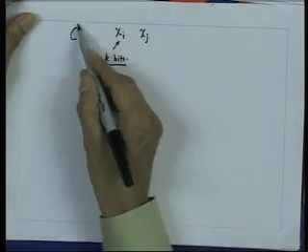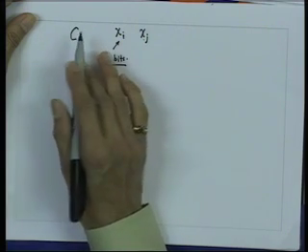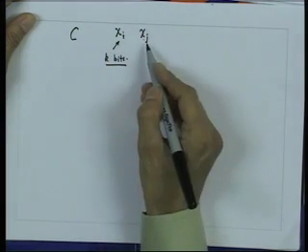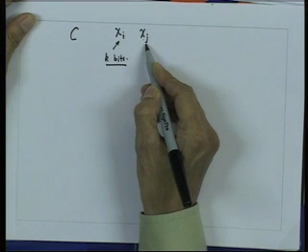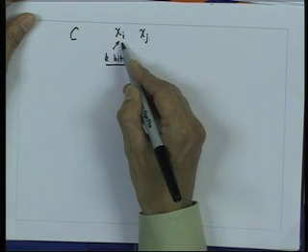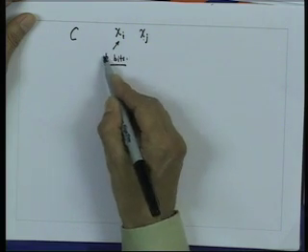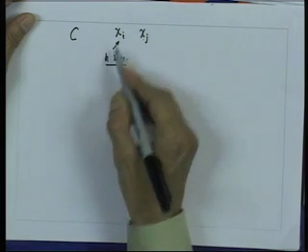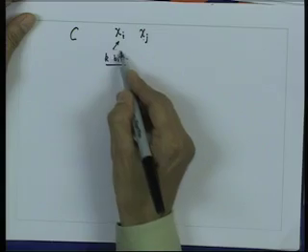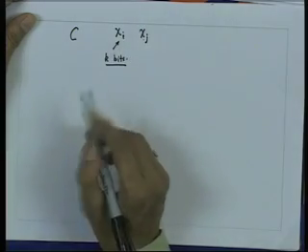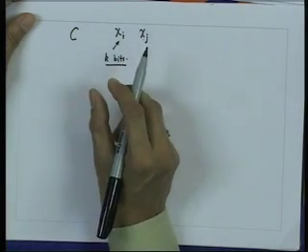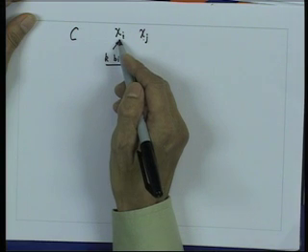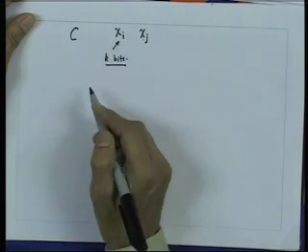Now, if this code C is a prefix code, then xj, which is the smaller code word, cannot be a prefix of xi. What it means is that if I remove these k bits from xi, then I will get a shortened code word for the source symbol corresponding to xi.